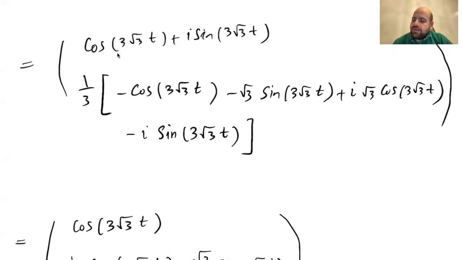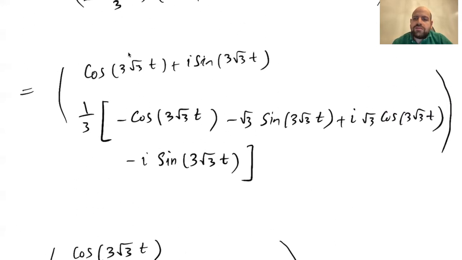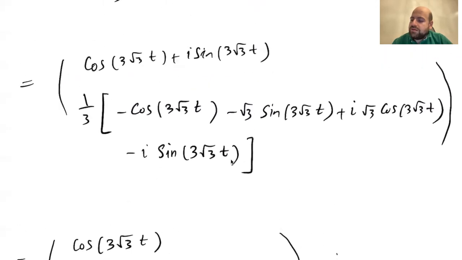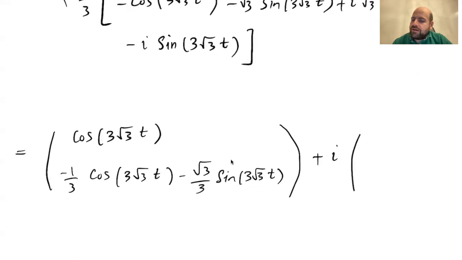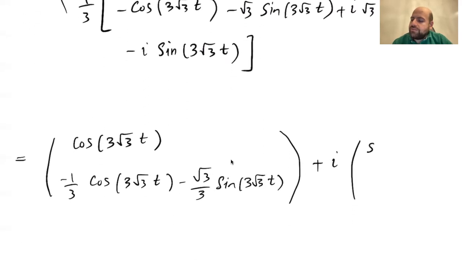And then plus i times the complex valued parts. This part is complex valued from the first element, and from the second element, these two terms are complex valued, and I've taken i as a common factor out already. So what will be left? i times, for the first element, sine 3 root 3 t.